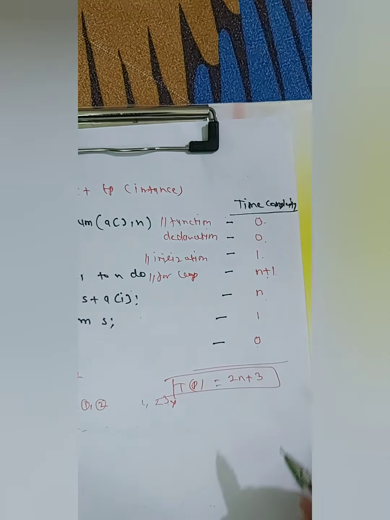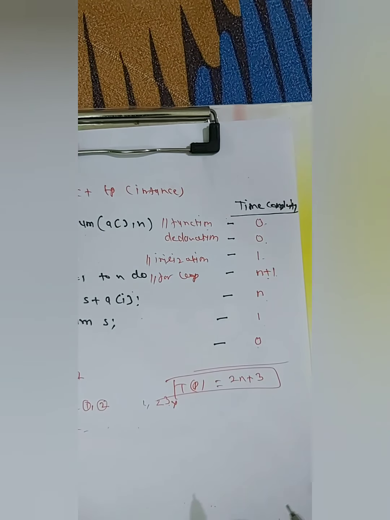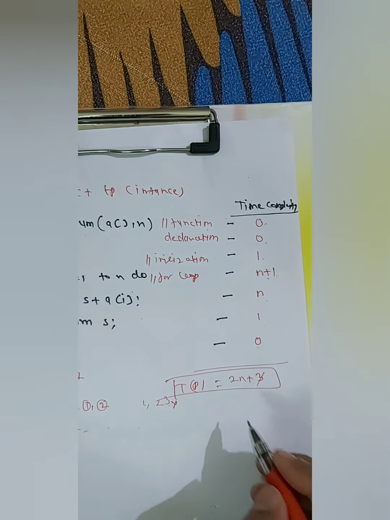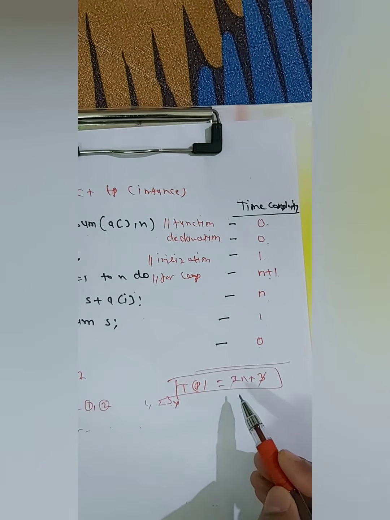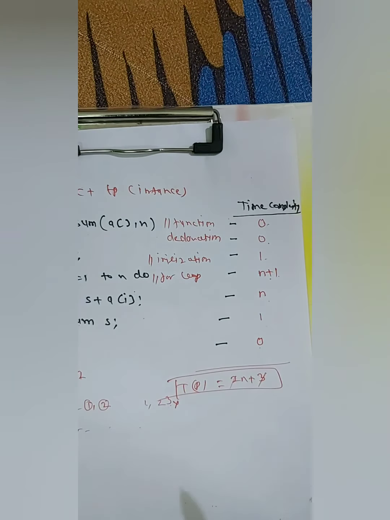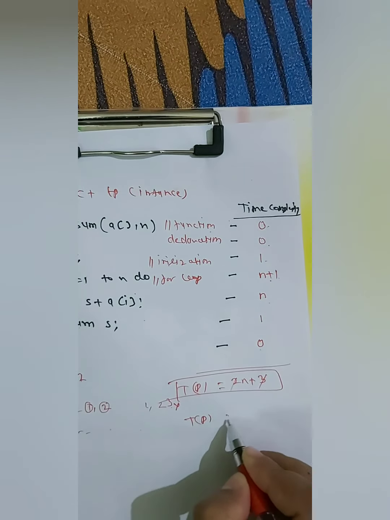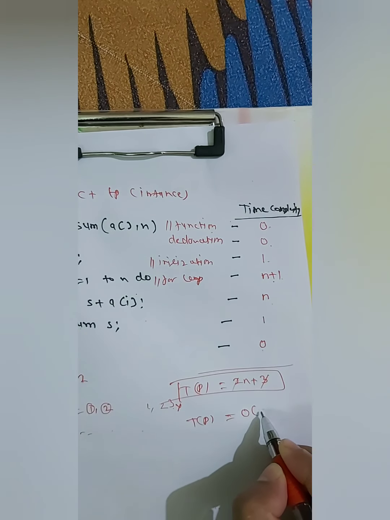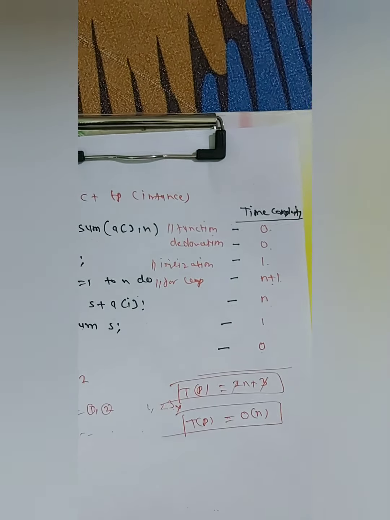Now if we want to know the time complexity in Big O notation, the 3 is a constant time, so we will neglect it, and the 2 is also not a factor, so we neglect it as well. We have to take the time complexity in Big O notation as n, since n square and n to the power t do not apply here. So the time complexity of this program is equal to Big O of n, or order of n. Thank you.